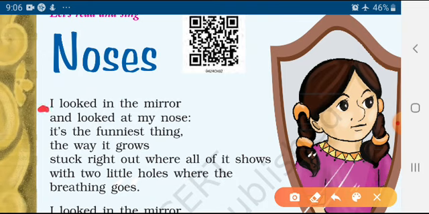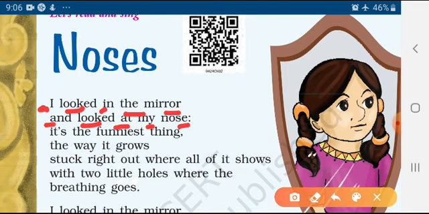I looked in the mirror and looked at my nose. I looked in the mirror and looked at my nose.